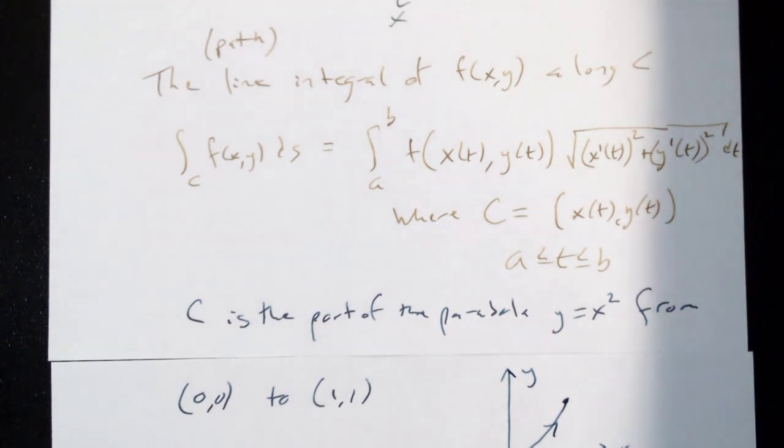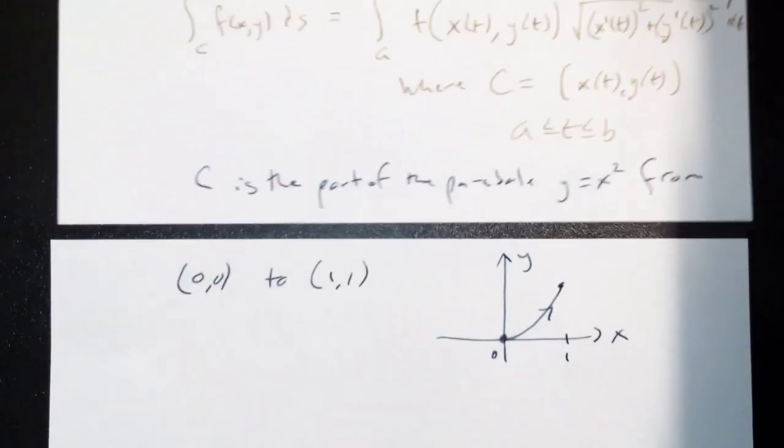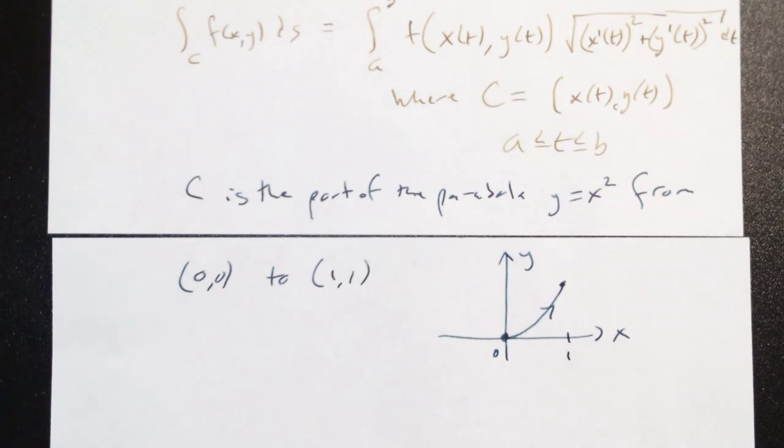Here's my curve. How can I describe this parametrically?